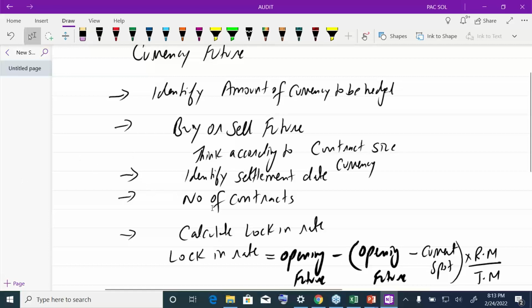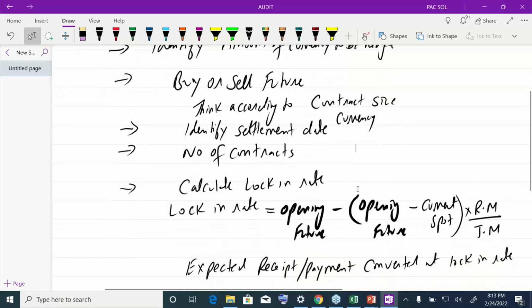Then you will identify the number of contracts and then calculate the lock-in rate. This lock-in rate formula is different. Try to memorize this formula. It will be applied in every question whenever currency future will be tested.